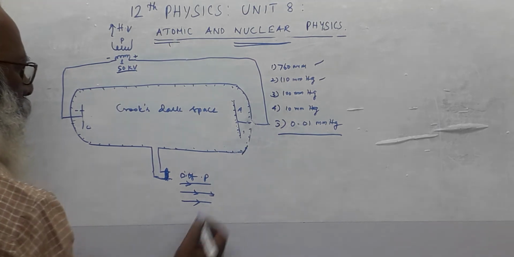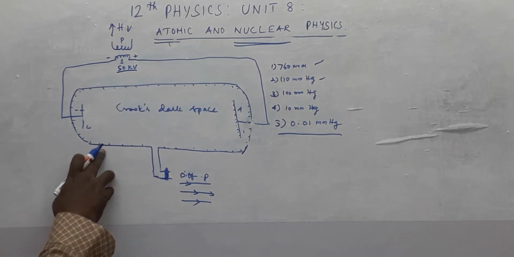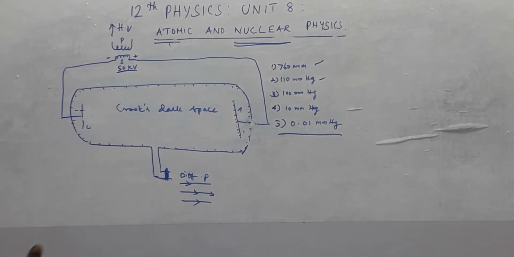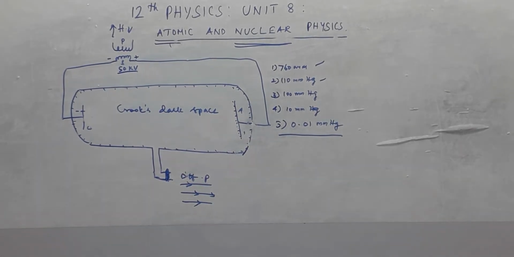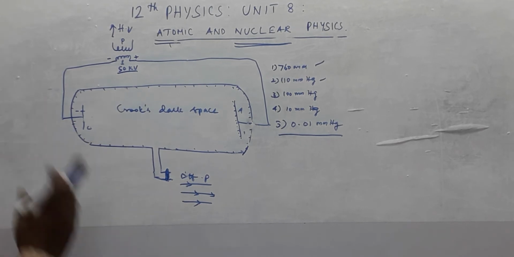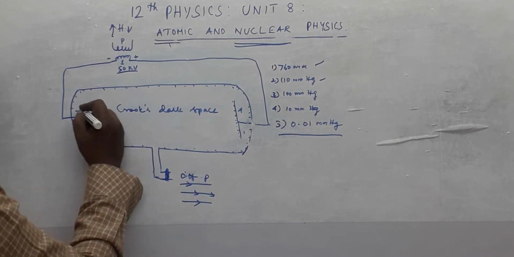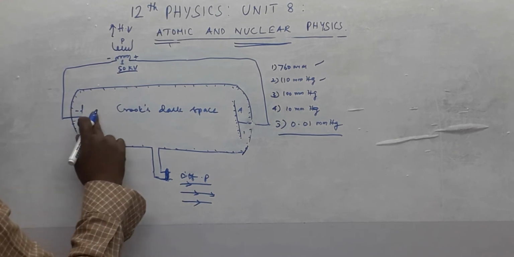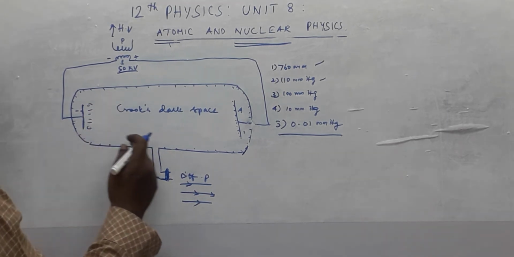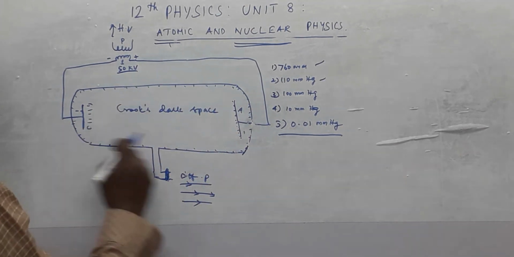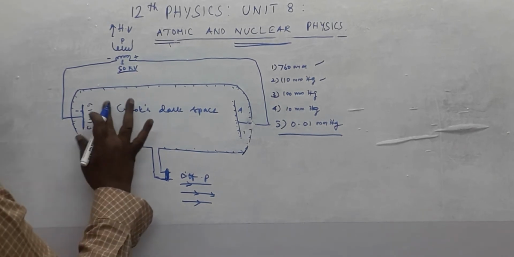That's why the scientists were confused about how it happened, why there was a greenish glow at the anode terminal itself. At last, they concluded that this was emitted by the cathode, because there is no glow at the cathode, the negative terminal. So the negative terminal emits some ray, and that's why the glow happened, and that glow is called cathode ray.